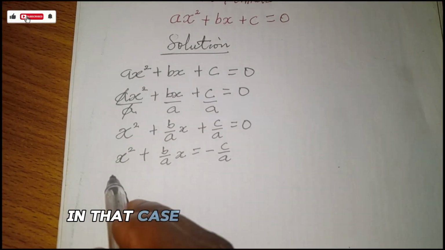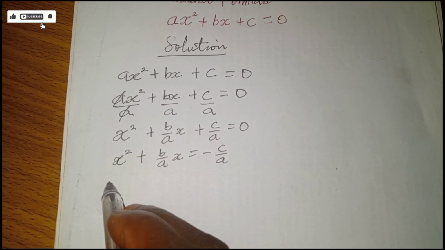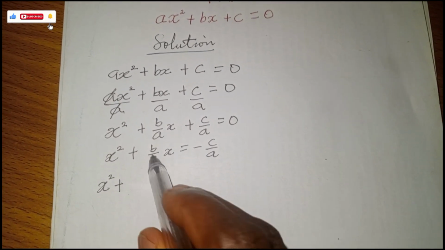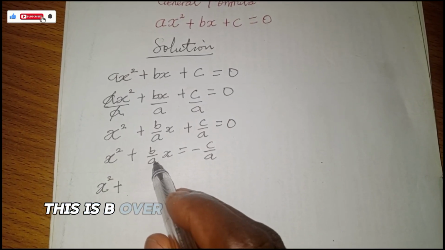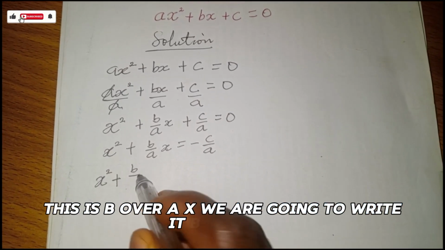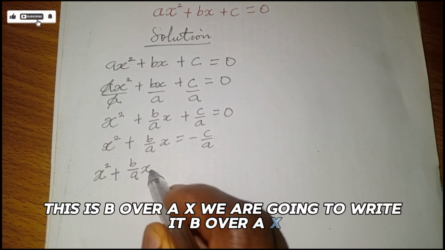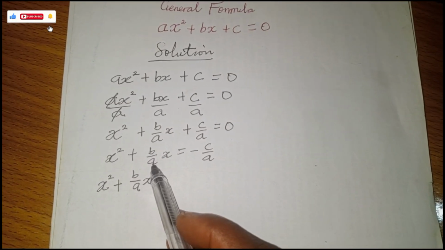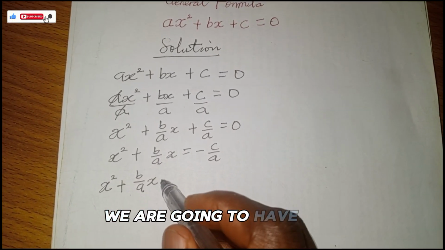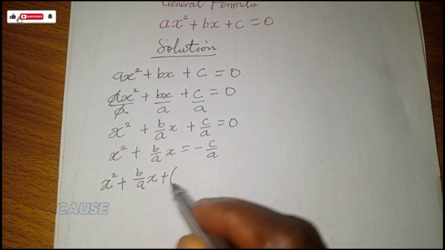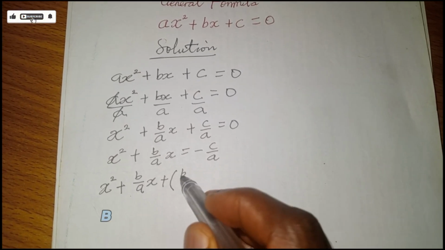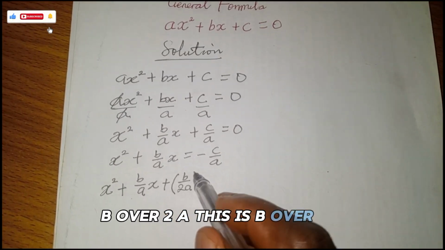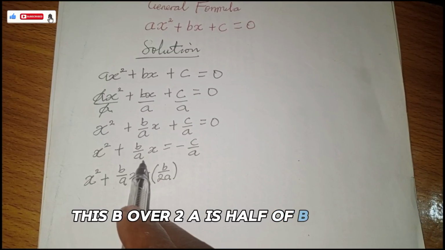So we have x squared plus b over a x, plus, because we are adding, b over 2a. This b over 2a is half of b over a.